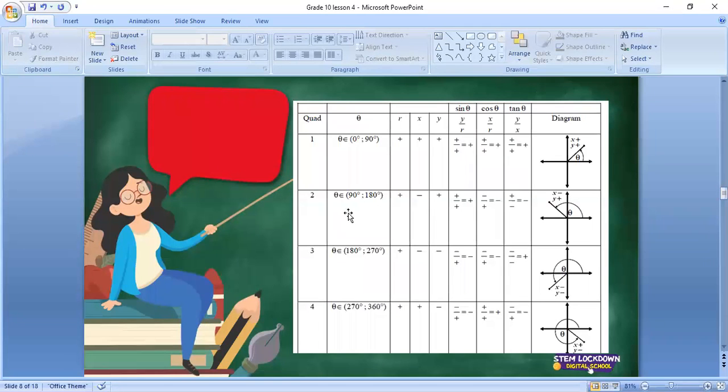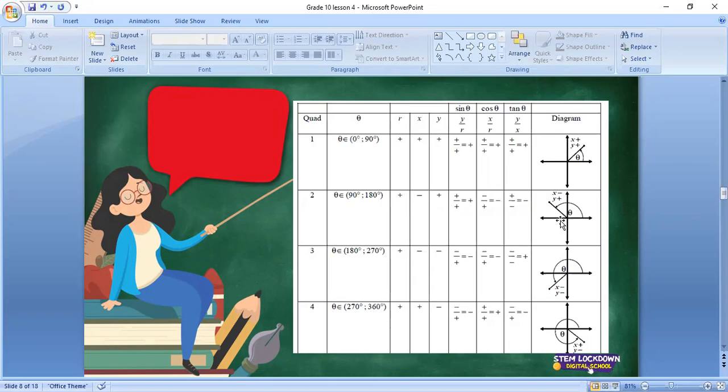So the second quadrant is here. On this side, you can see your terminal arm is in the second quadrant. In the second quadrant, our X value is negative, because there is 0 at the center of origin, so this side is negative, but Y is positive. You're going to find the sine of it.